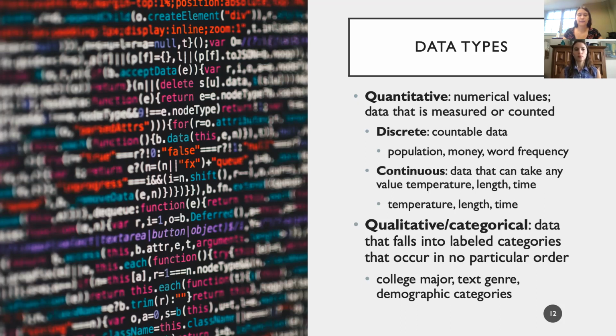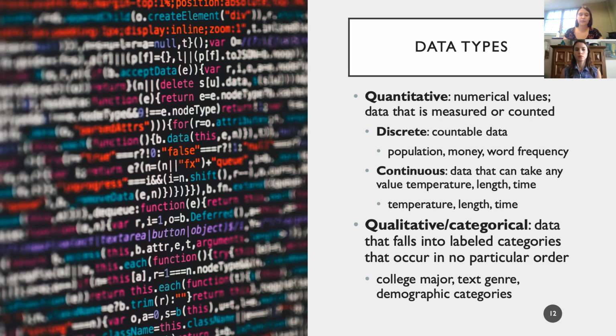And then there's qualitative or categorical data. And this is data that falls into labeled categories, so that when you're collecting your data, you'll label this thing maybe with colors or genres. So for example, if you wanted to see whether a school had more of a liberal arts versus STEM focus, you might look at the number of students in different majors.